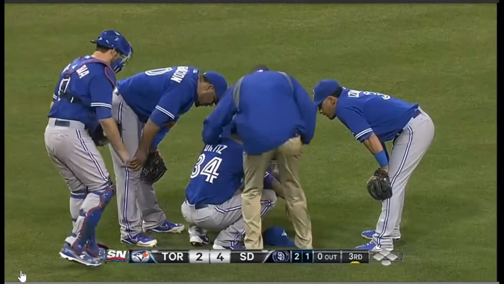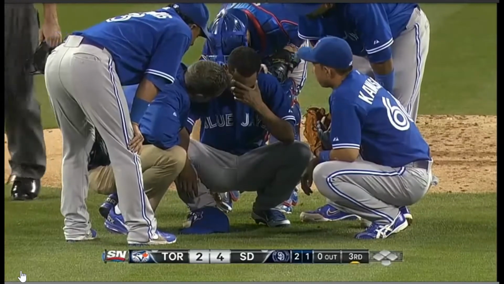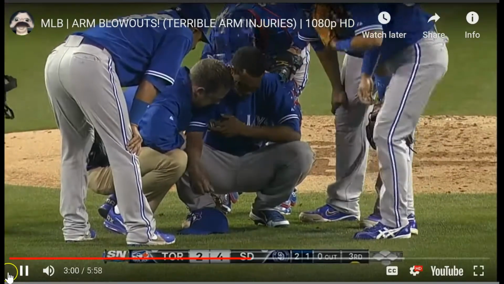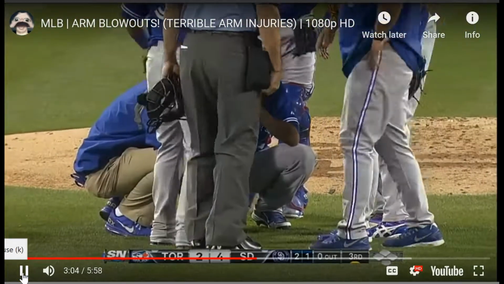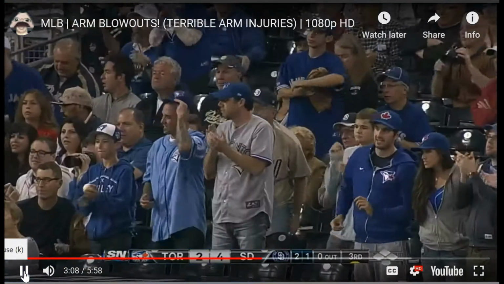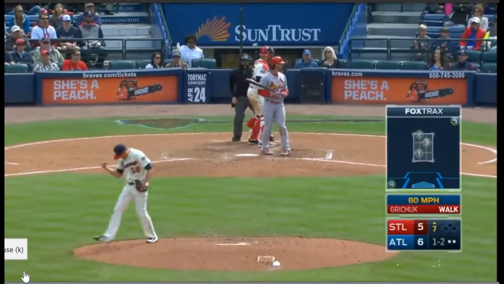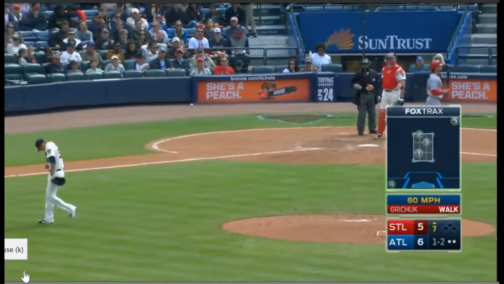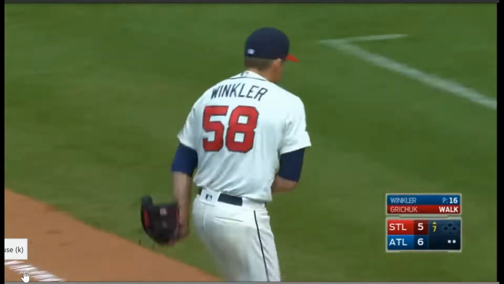He knows something is seriously wrong, and now the assistant trainer, Mike Prosted, is up. Felt it in his elbow. Yeah, you never like to see that. So Ramon Ortiz will leave the ball game with an apparent elbow injury. Whoa! Uh-oh. No. Oh, no.